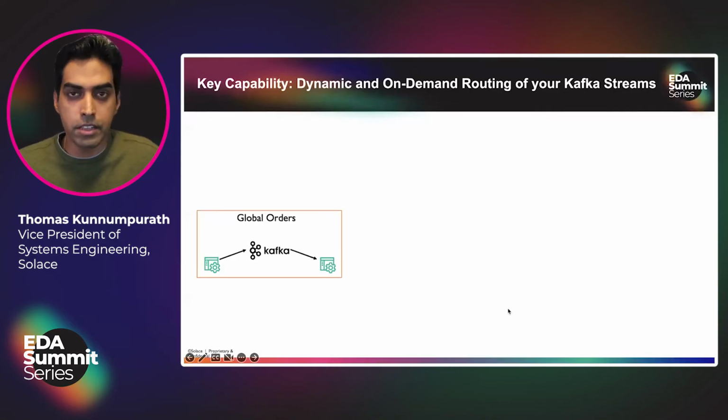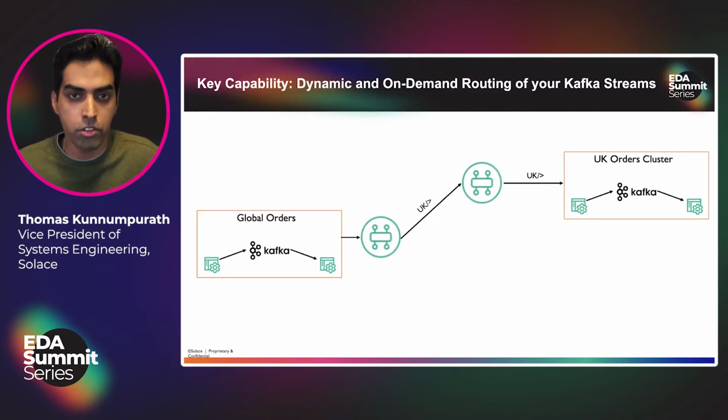Since we've seen the Kafka mesh in action, let's look at some of the other benefits that the Kafka mesh gives you. Say, for example, again, you have a global orders Kafka cluster, and perhaps you want to spin up a new Kafka cluster that only contains your UK orders.